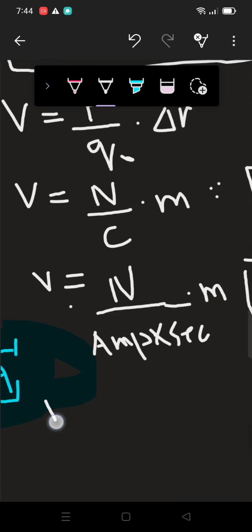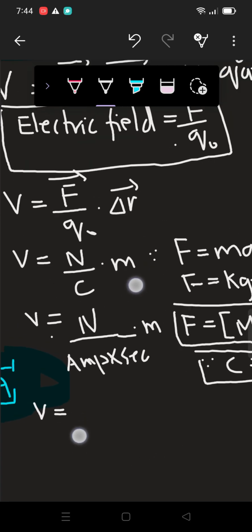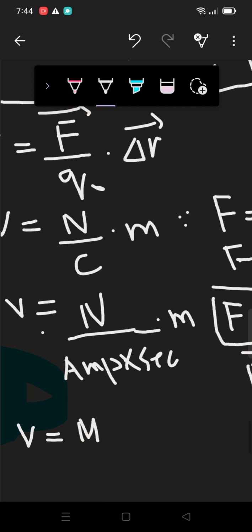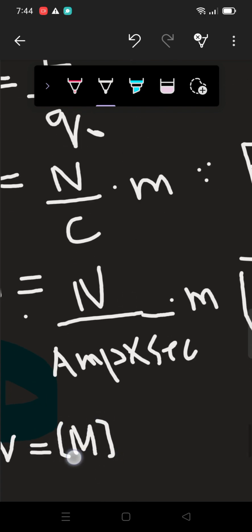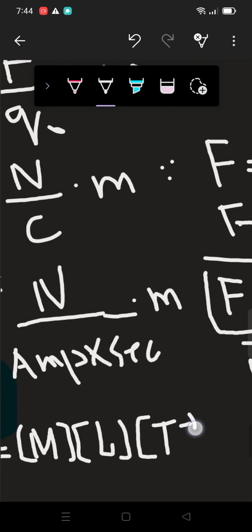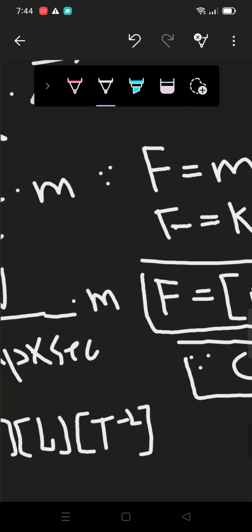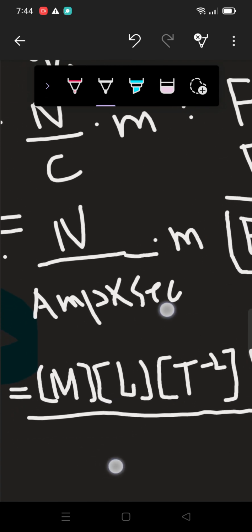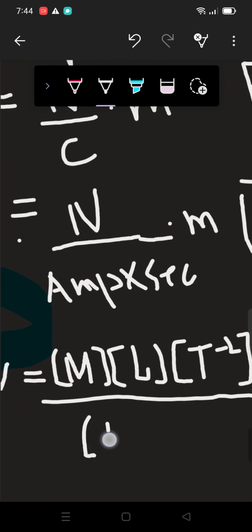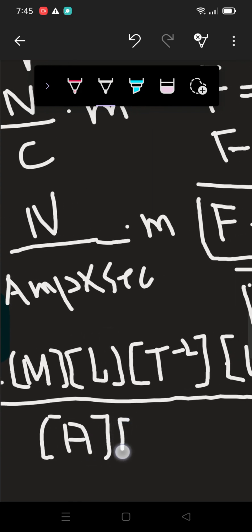Alright, now we have got the dimension for the Newton, that is equal to, of course, M, L, and T minus 2. And the dimension of meter would be what? It would be of course L, since it represents the length, upon ampere means A, right? And of course second means time.